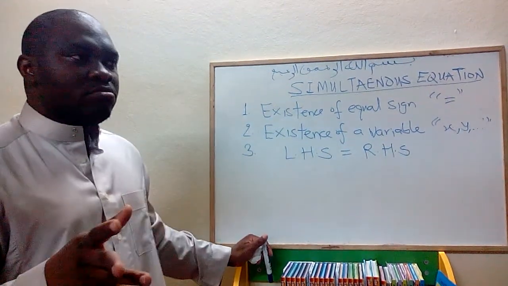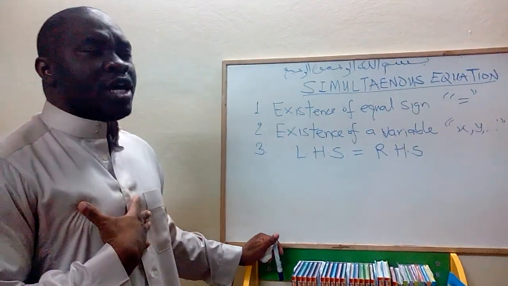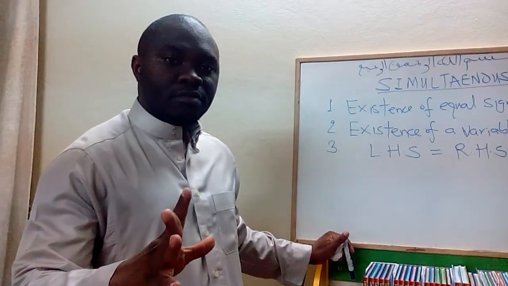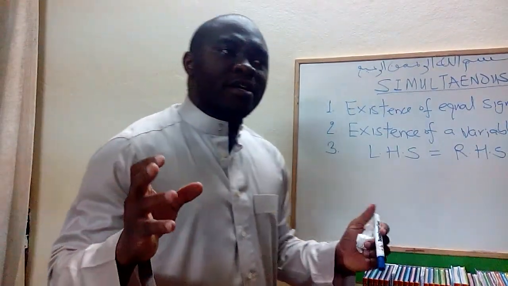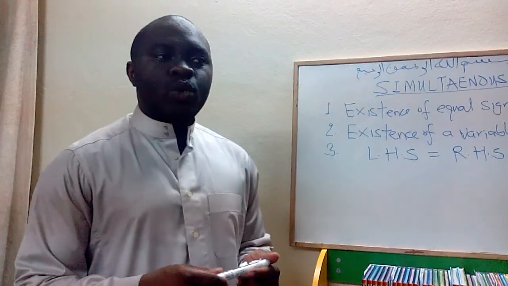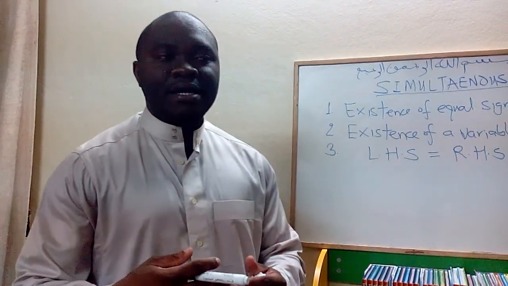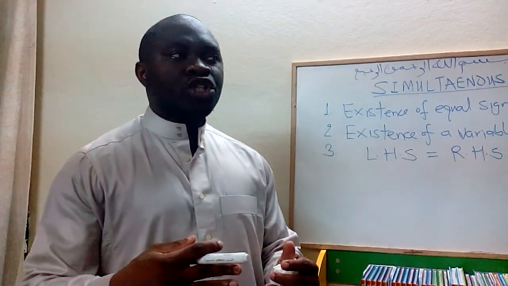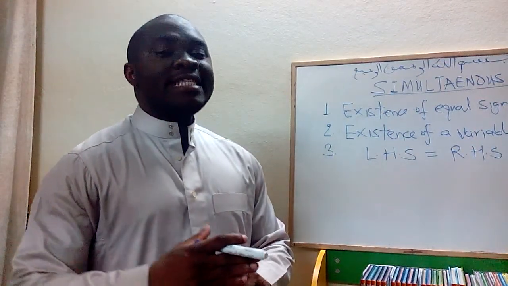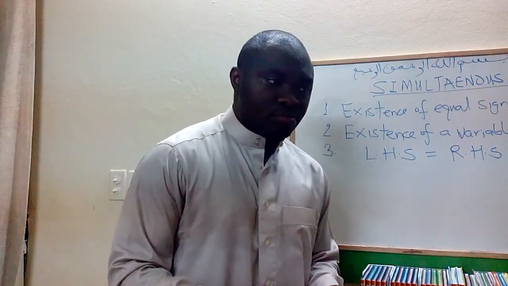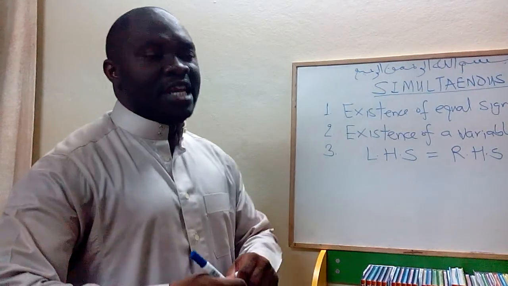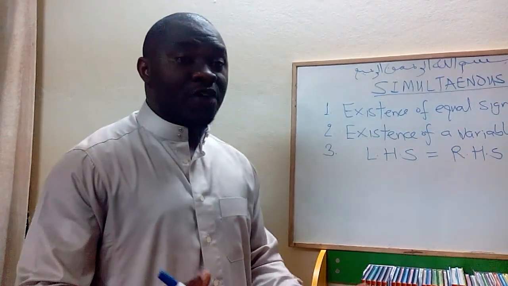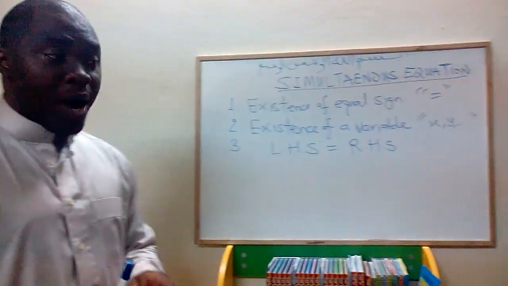By linear equation, we also need to understand that equations can come in very different degrees. Let me say an equation is named based on its variable. When you have a linear equation, it means the degree of the variable is 1.